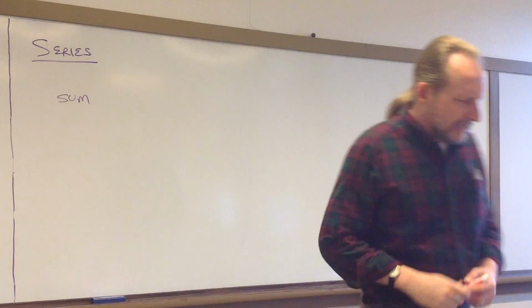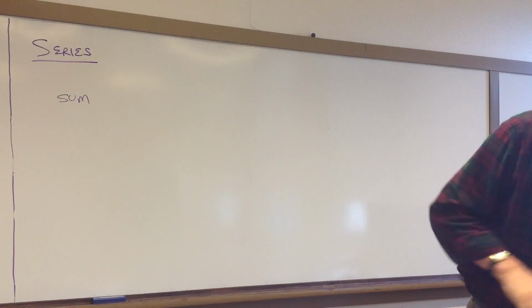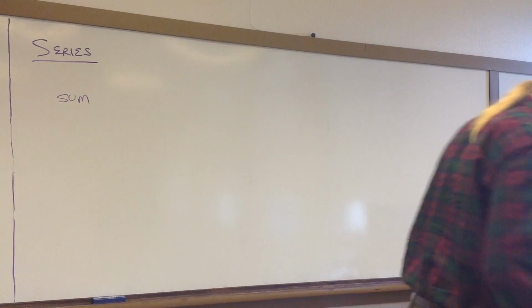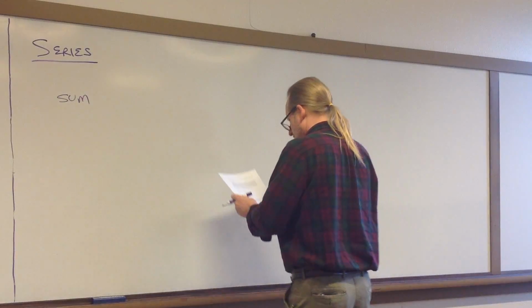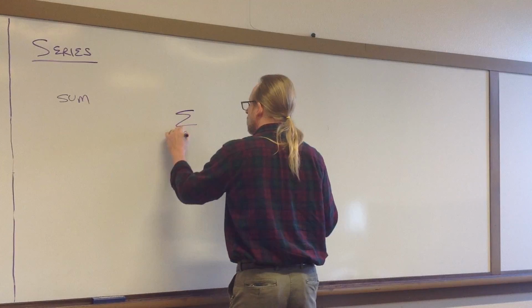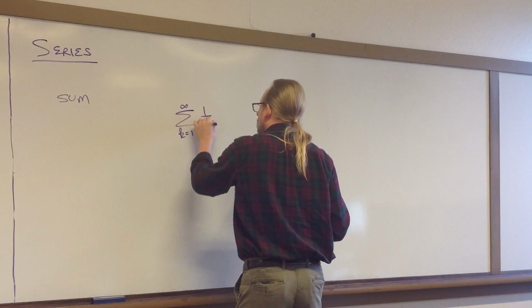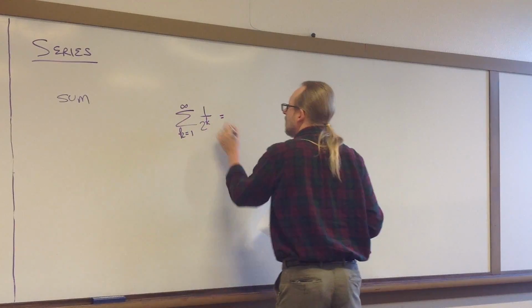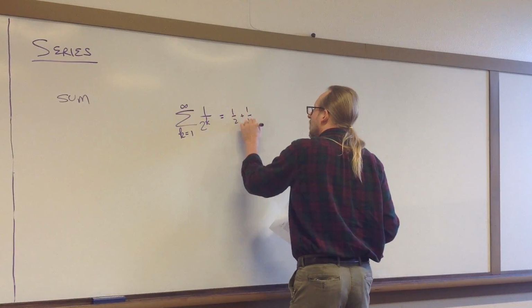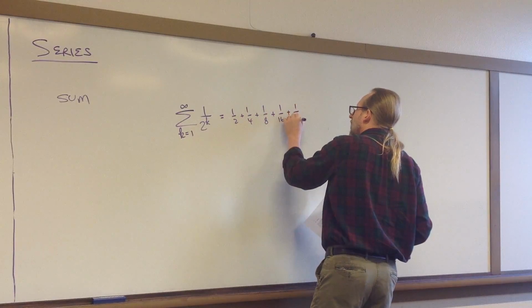All right, the second example I give on page 112 is an infinite series. And this one is a classic. This is k equals 1 to infinity, 1 over 2 to the k power, so that'll be a half, a fourth, an eighth, a 16th, and so on.